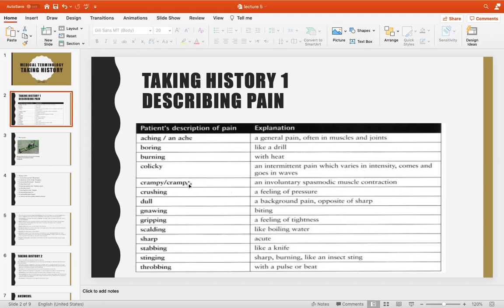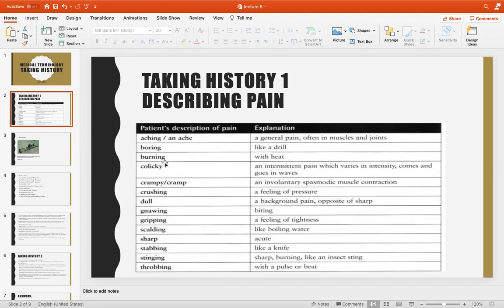We have crampy or cramp, an involuntary spasmodic muscle contraction. We have crushing, a feeling of pressure. We have dull, a background pain, opposite of sharp.